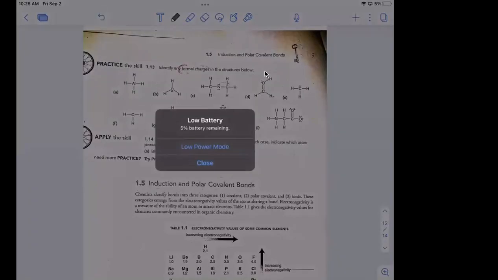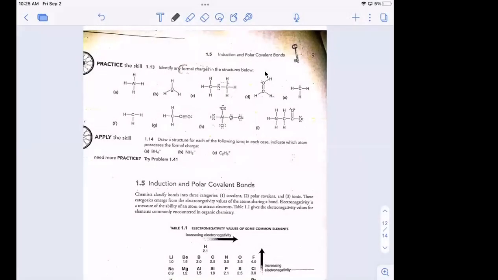All right, I need to grab an extension cord. Give me 1 second. Let me grab an extension cord so I can plug up my iPad.